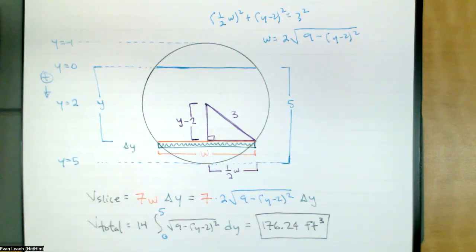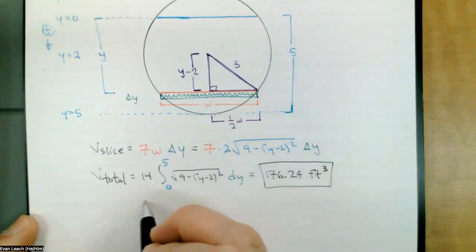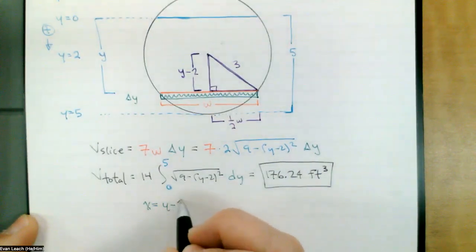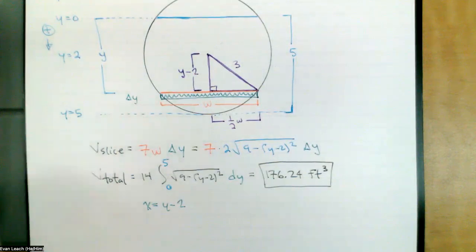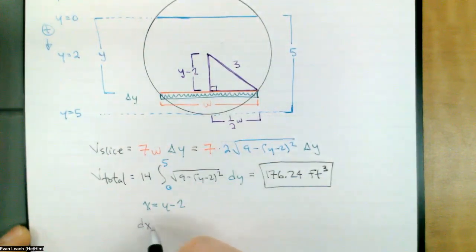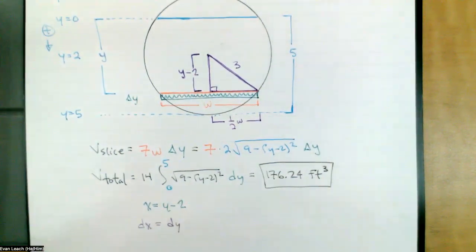Also note that this integral will substitute into our previous integral. If we let x equal y minus 2, then dx is equal to dy. And we would also have to change the endpoints.